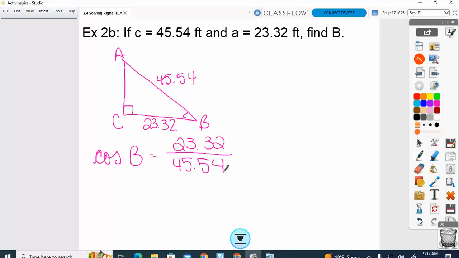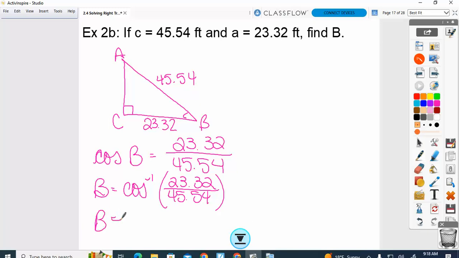Then how do I get the B by itself? Reciprocal. B inverse. So that's second cosine, and we get 59.1977. How many significant digits did we have in this problem? 4.